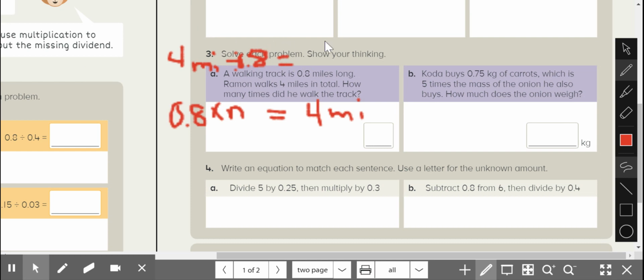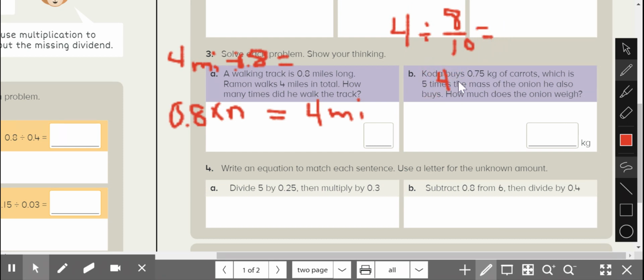A third way I could do this, I'm sorry to do this, but I could take this amount, 4 miles, divided by, and instead of looking at 8/10 as a decimal, I can look at it as a fraction, 8/10. So if we're going to do it this way, we know we're going to keep, change, flip.